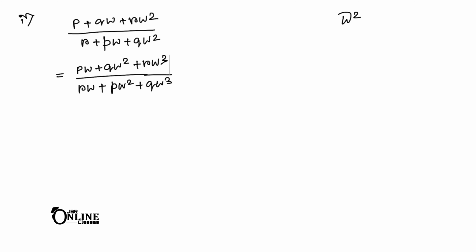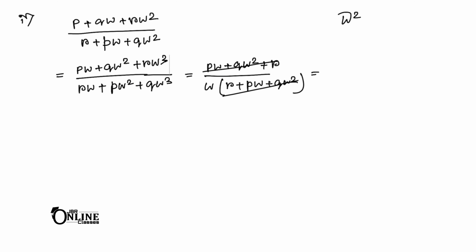Now that one will be p omega, q omega square, and omega cube means 1, so just write down r only. And here if you take omega common from the lower side, it will be r plus p omega plus q omega square. Now that is exactly equal to the upper one, so it will be 1 by omega.